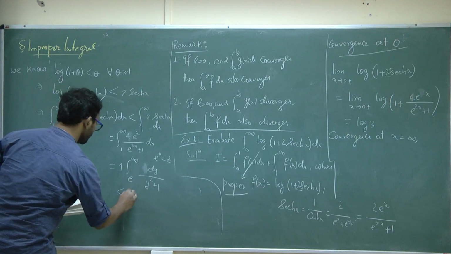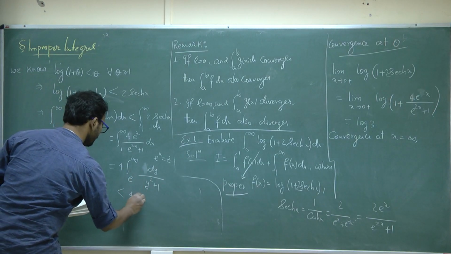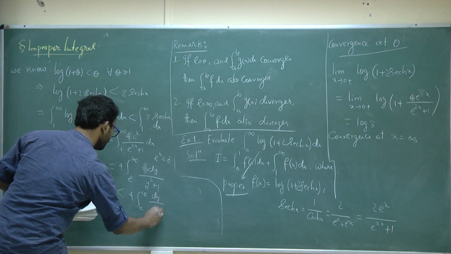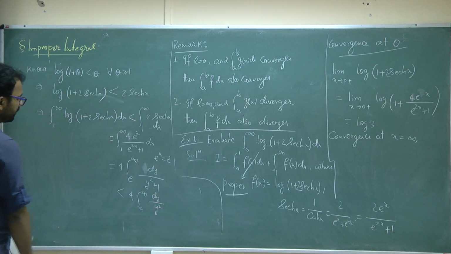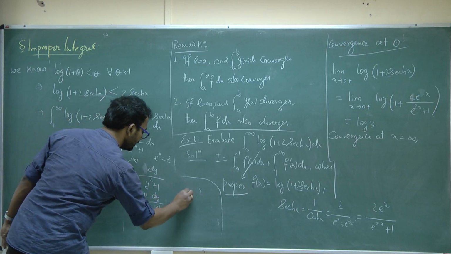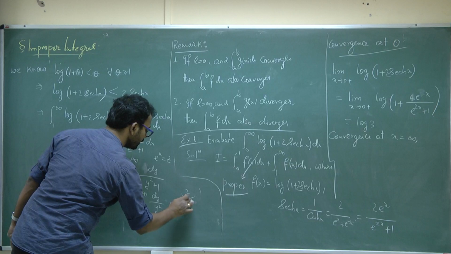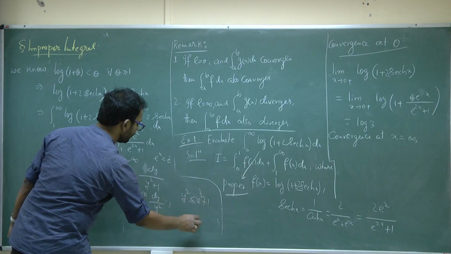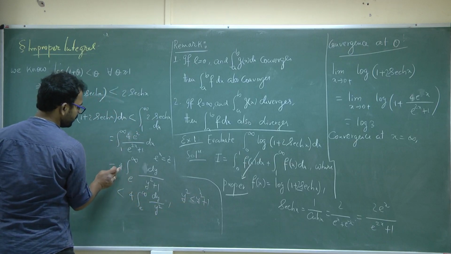So this will become 4 times integral from e to infinity dy by y square. From here what we have used is, y square is less than y square plus 1, therefore 1 by y square is greater than 1 by y square plus 1. So that is what we have used from here to here.